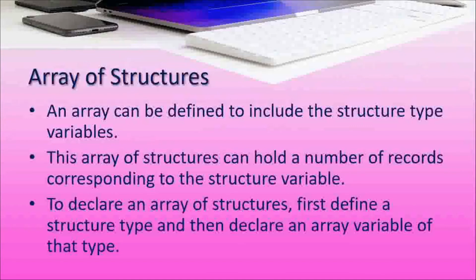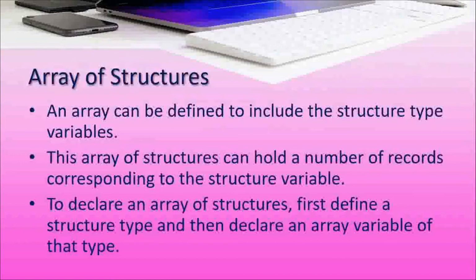So the best thing with structures is that we can create arrays of structures. We know that an array can be defined to include structure type variables also. In an array, the same type of data is stored. If there are 10 elements in an array, all the 10 elements should be of the same type. But in a structure, different data types can be stored.